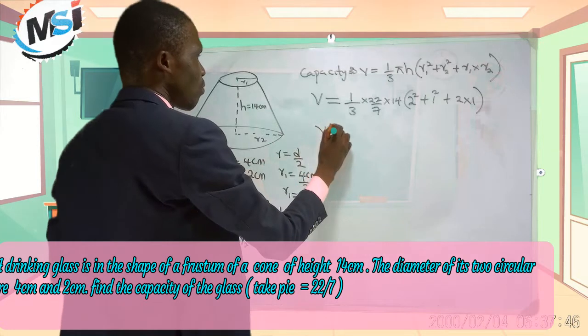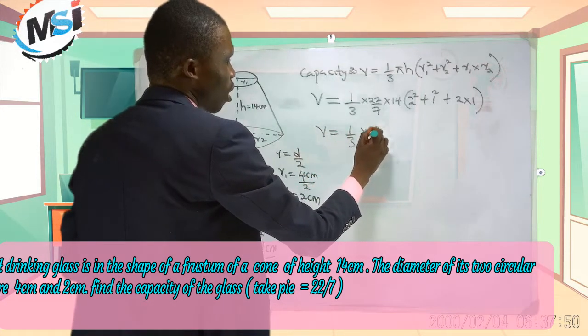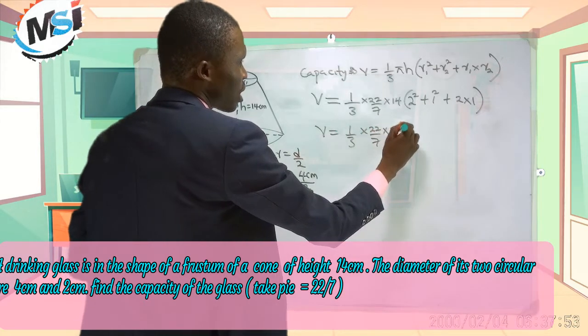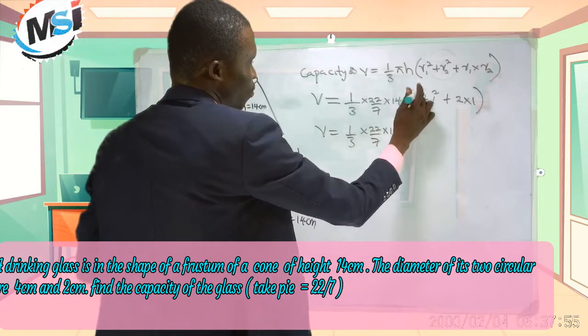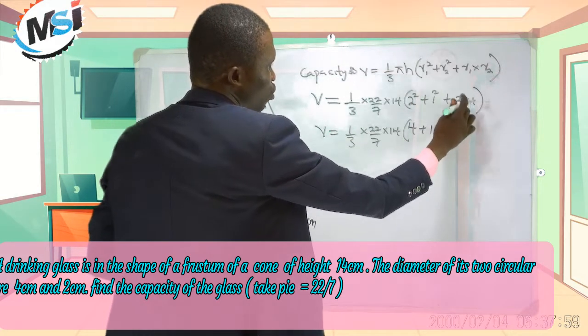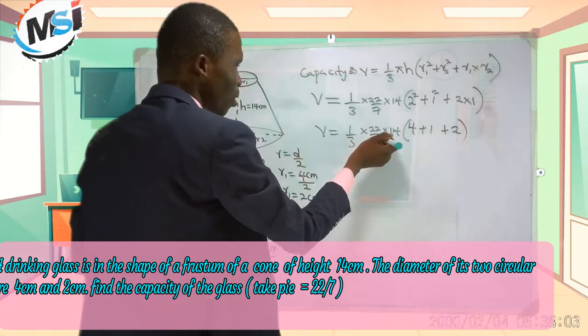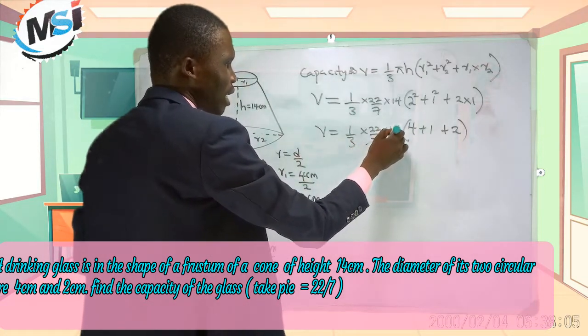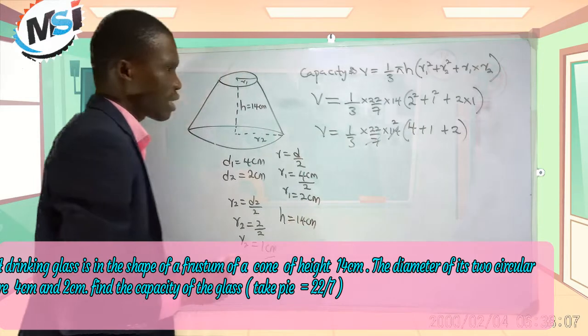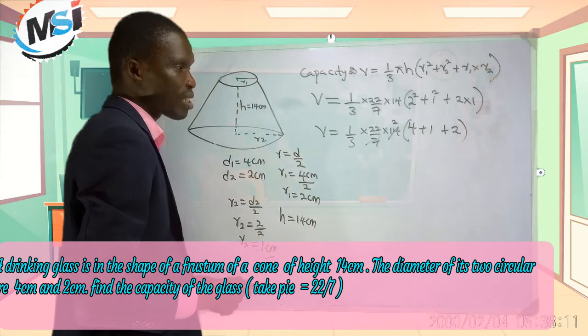Then V will give us 1 all over 3 times 22 all over 7 times 14 bracket 4 plus 1 plus 2 times 1 plus 2. Then this will give us 2 here. How many 7 can we get in 14?